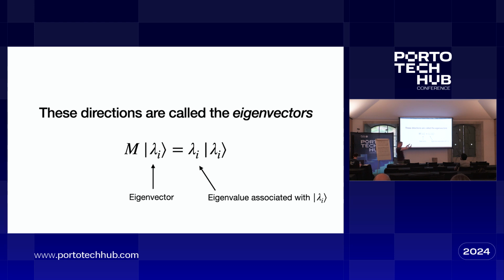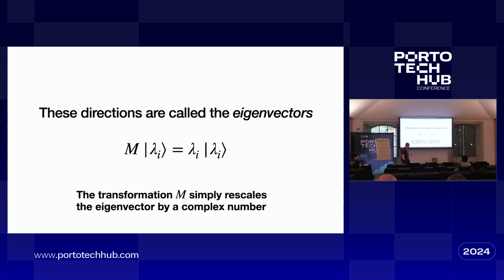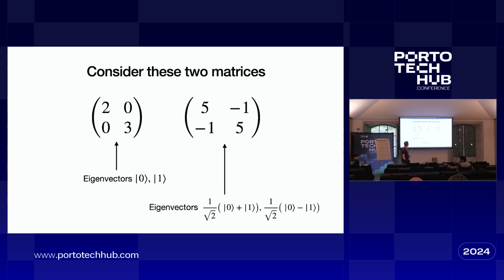I hit the vector with the matrix, and I get the same vector back multiplied by a number. That number, which can be complex, is called the eigenvalue, and that vector is called the eigenvector. That's all. So the transformation simply rescales the eigenvector by a complex number.